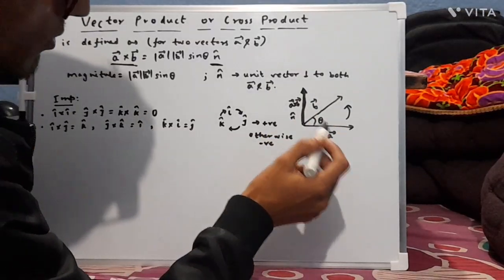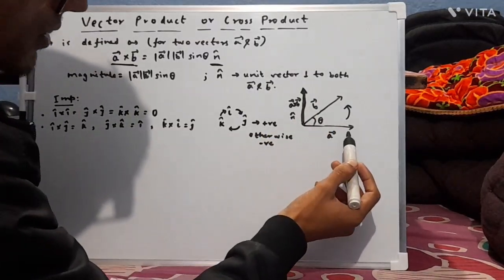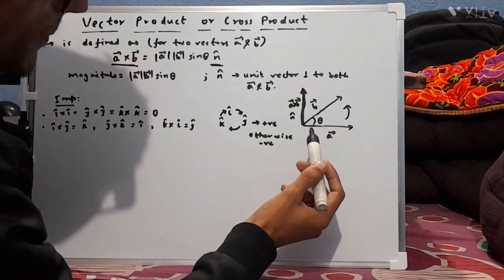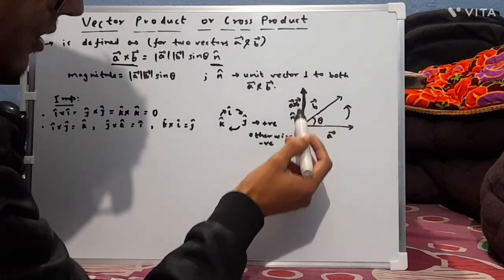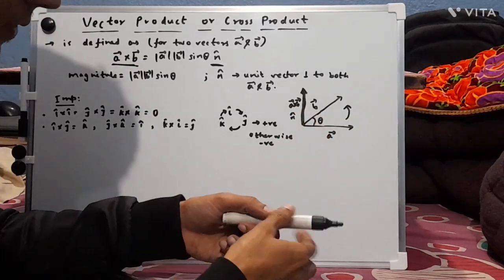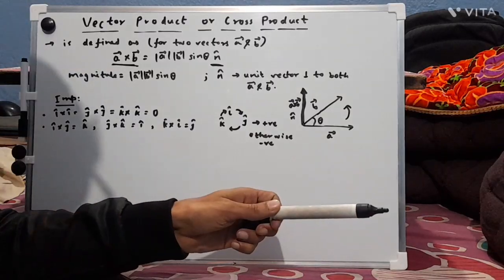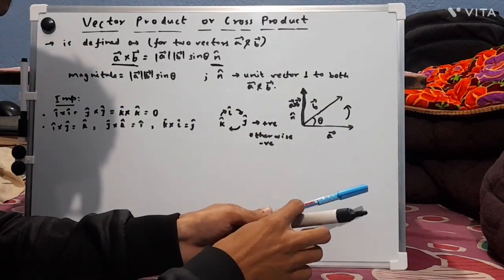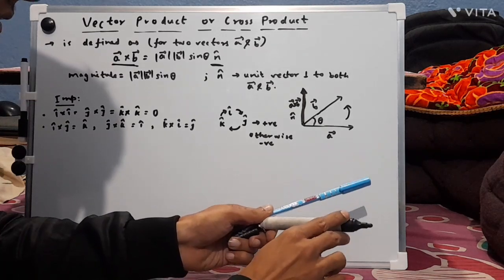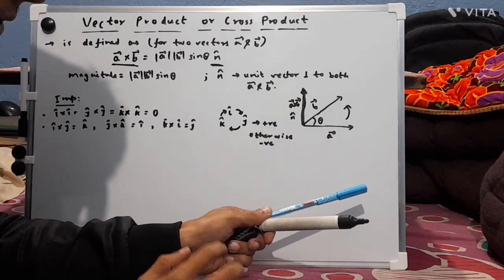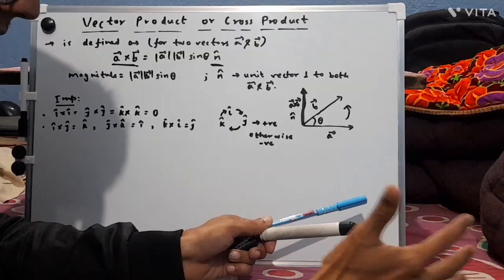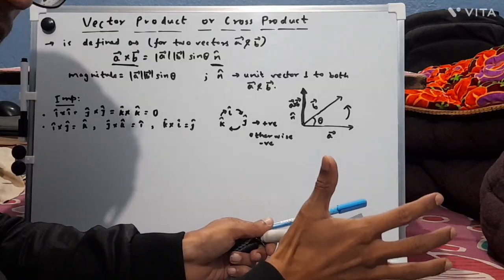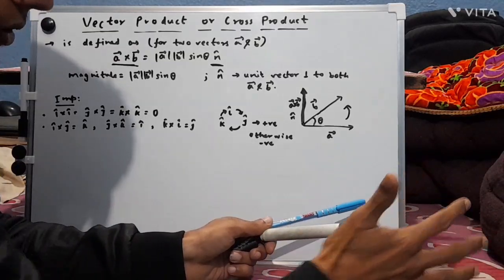Here is the pictorial representation of the vectors. Here is vector A and here is vector B, and this is the direction of A cross B. So suppose this one is vector A and this one is vector B, and the angle between them is theta. So this one is the first vector and this one is the second vector. Then we can find the direction of A cross B with the help of the right hand rule.